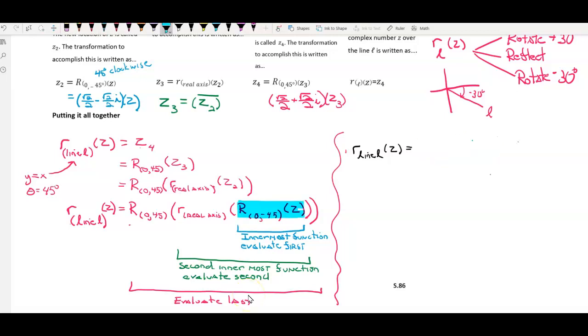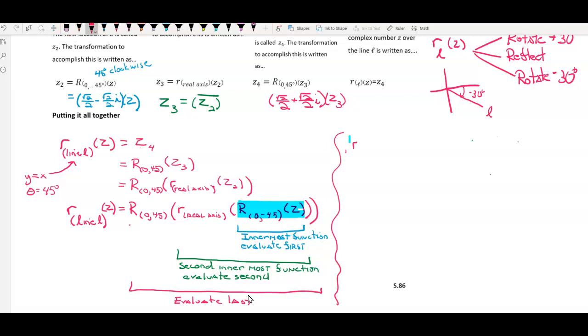I'm going to take this whole equation right here and copy everything except for the shaded blue part, and in its place, I'm going to write this equation.